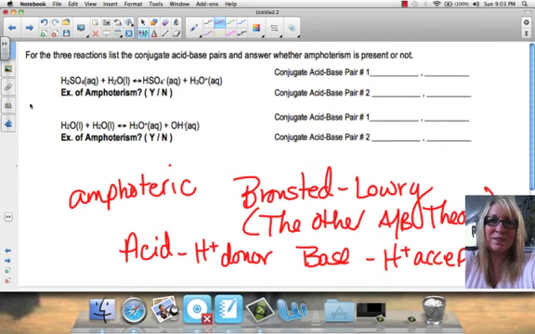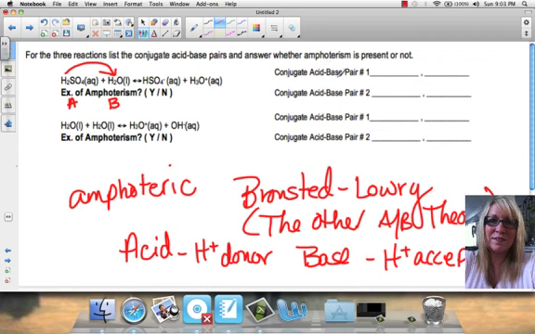So in this case, you have to see who's donating to who. So this is H2O and it became H3O. So the H2SO4 donated to this. So this is acting as the acid. The water is acting as the base because it accepted it.